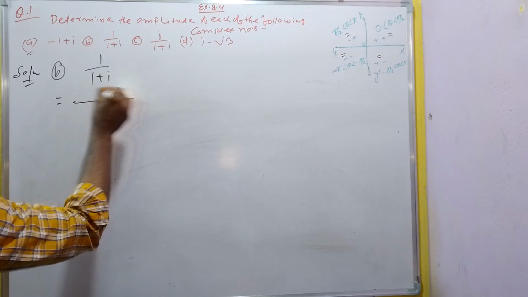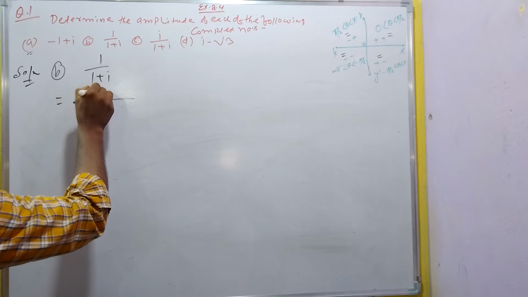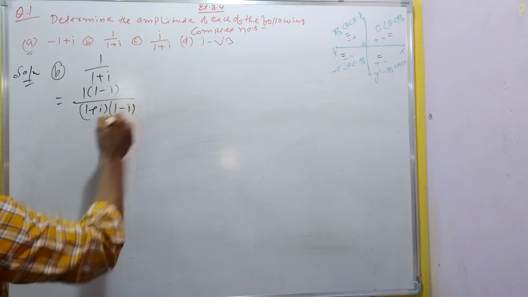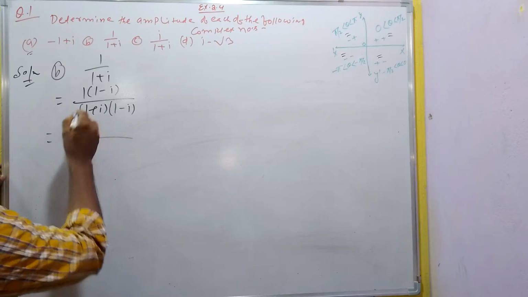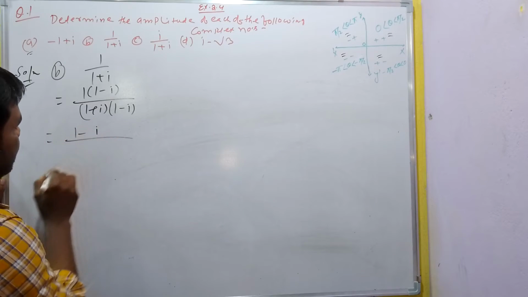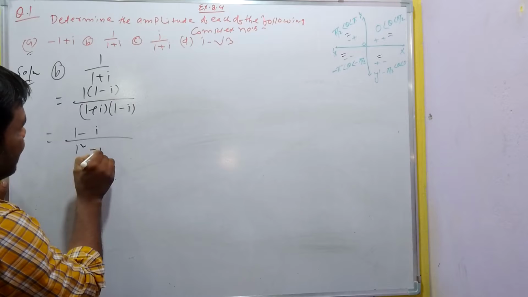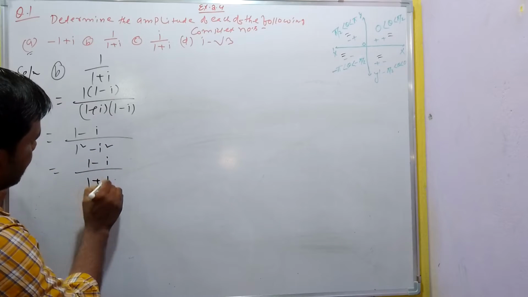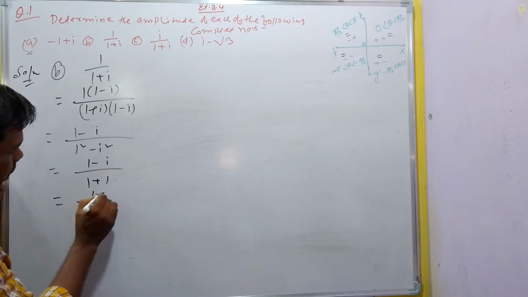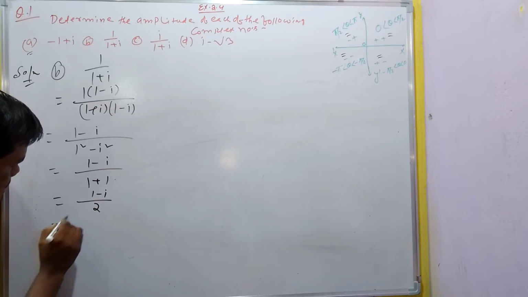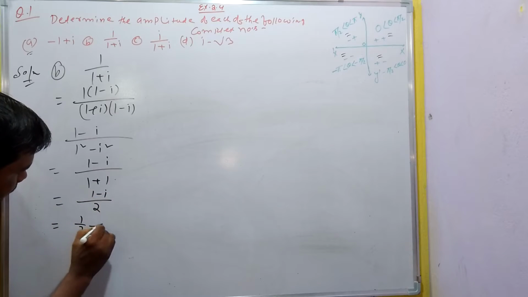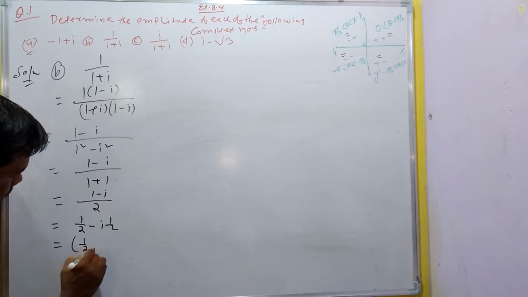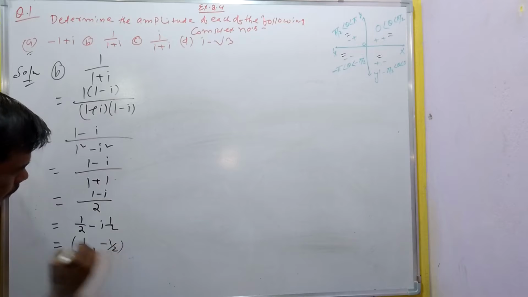Now you do rationalise, so you have to write 1 minus i by 1 plus i into 1 minus i. Now the denominator becomes 1 square minus i square, so 1 plus 1, so 1 minus i by 2. Now you have to write 1 by 2 minus i of 1 by 2. Again you have to write 1 by 2 comma minus 1 by 2.